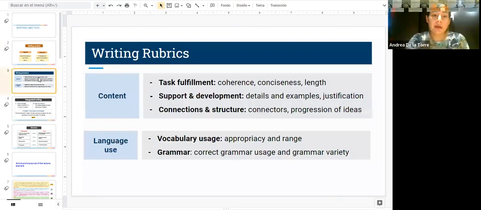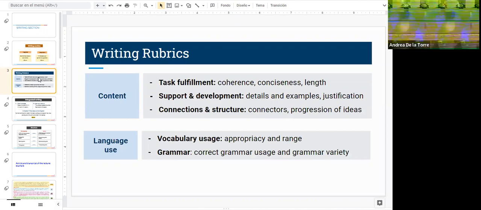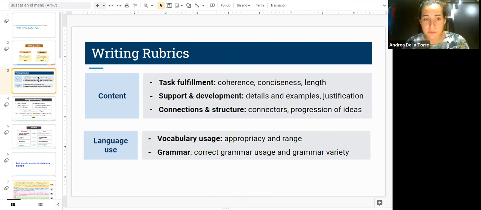Now, another thing I wanted to start by saying is the way that they evaluate the writing section is practically the same as how they evaluated the speaking section. I remember we talked about this in class. We said the criteria they use to evaluate your responses, in this case, are going to be 2. First one is content.